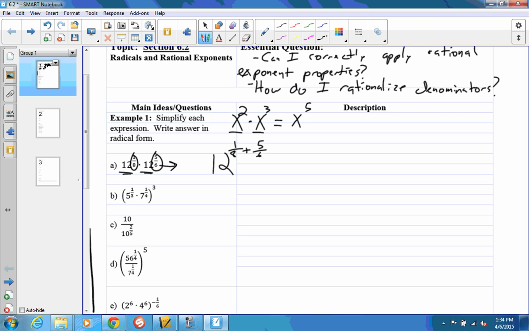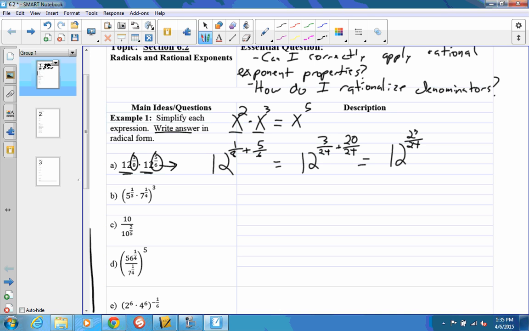Common denominators. What's my common denominator here, guys? Good, 24. So we're going to have over 24. My eighth is what? 3 over 24, and 20 over 24. Good. So I have, as a final answer, 12 to the 23 over 24. Not done.